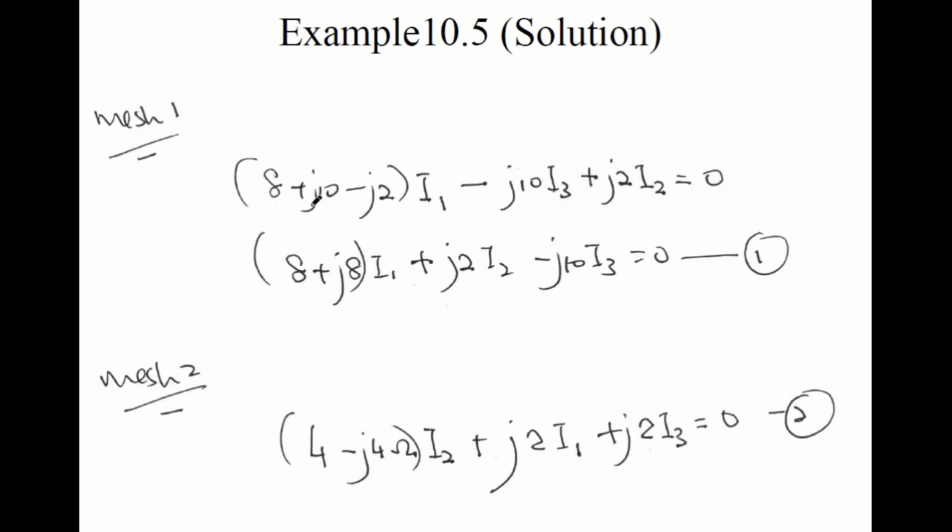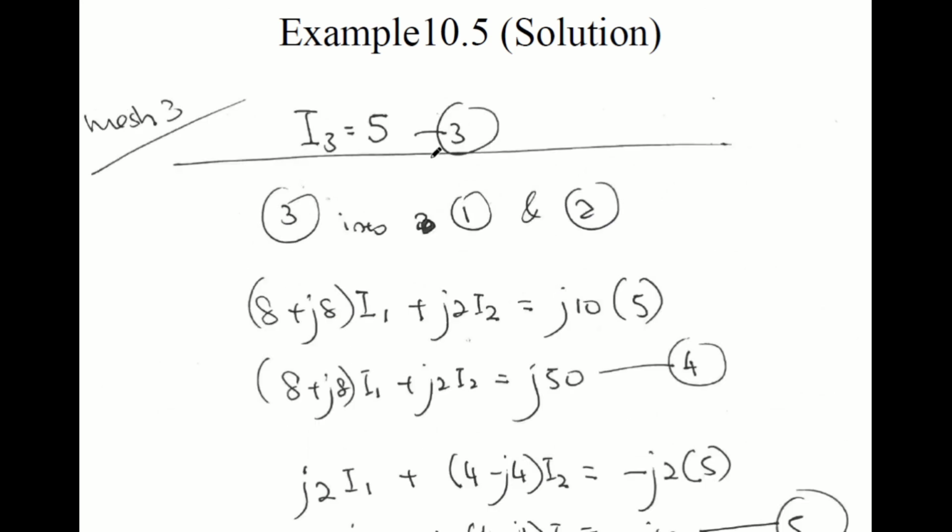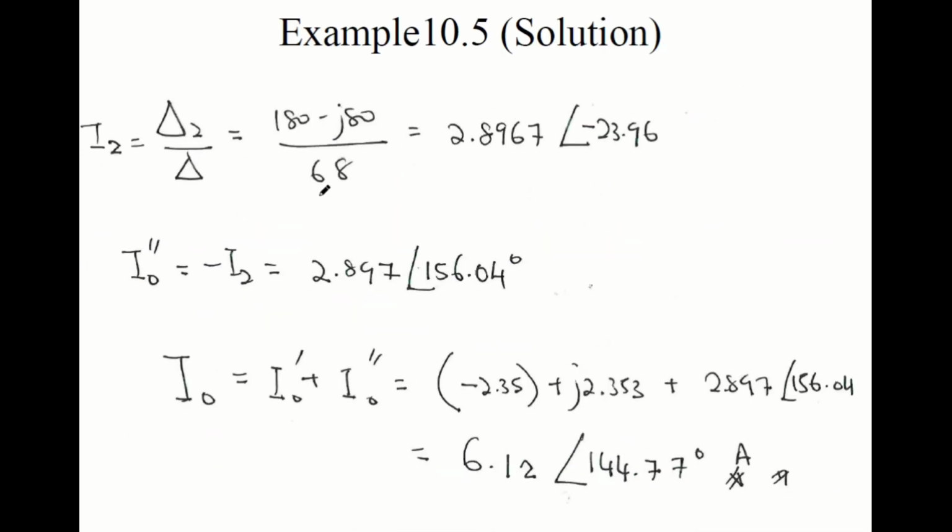You get the equations from mesh 1, mesh 2 and mesh 3. Mesh 3 has a current source, so it is equal to 5 ampere. Using Cramer's rule, you will get the value of I2. I2 is minus I naught double prime, so you get this value.